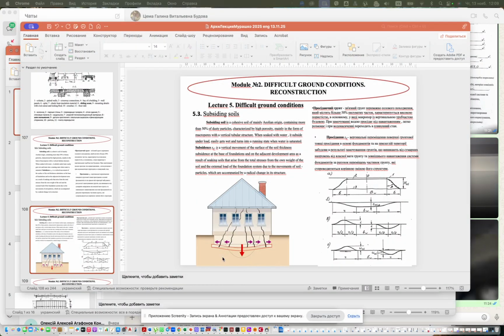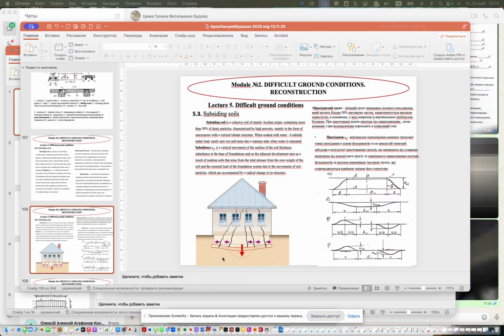So there are two categories of subsiding soils. The first category is when it subsides with additional pressure in the presence of water, and the second category is when it settles down under its own weight.